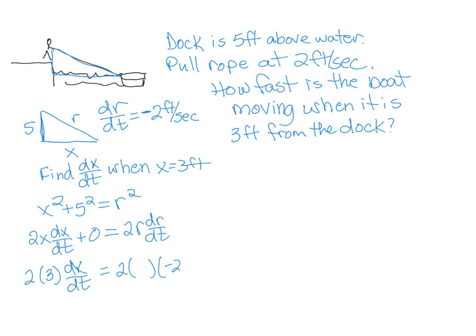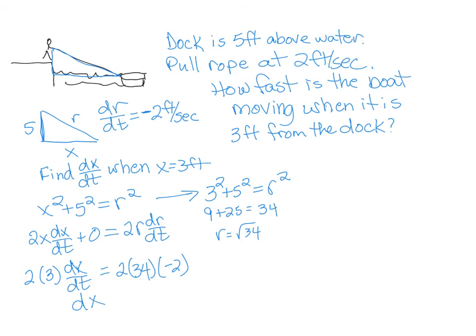We're pulling the rope at negative 2 feet per second, but we have to find r. So we're going to plug in the 3 feet for the x to find r. So 3 squared plus 5 squared, this is 34. So r is root 34, and that can't be reduced.